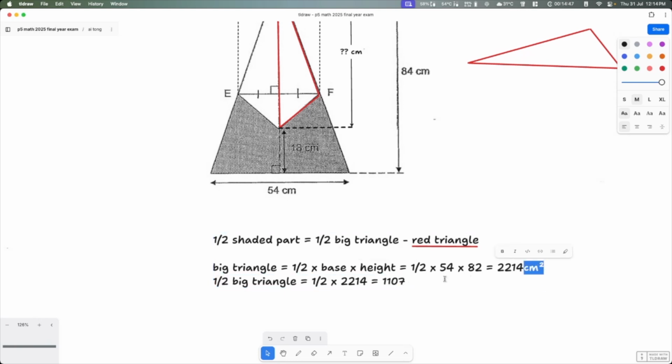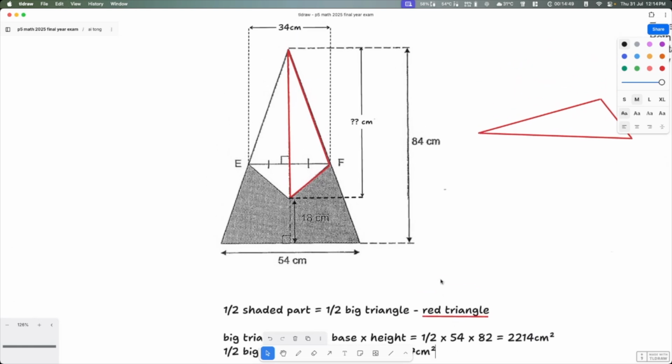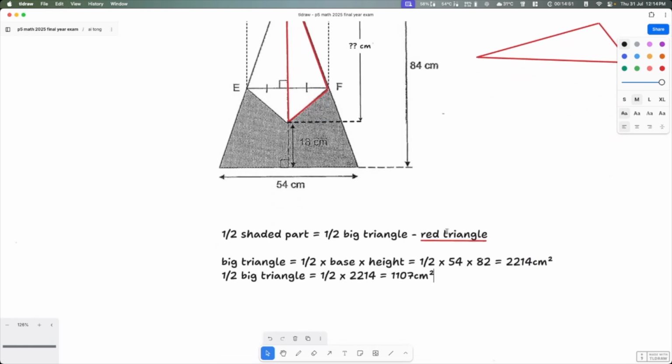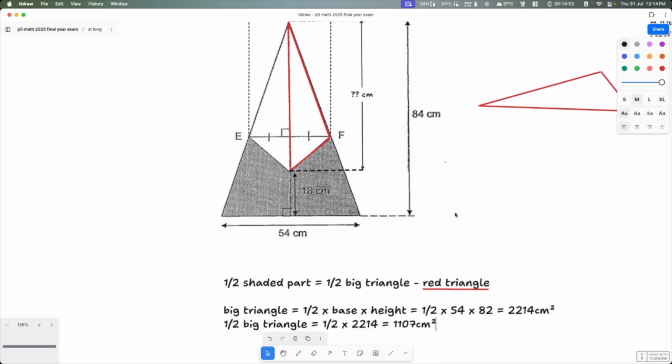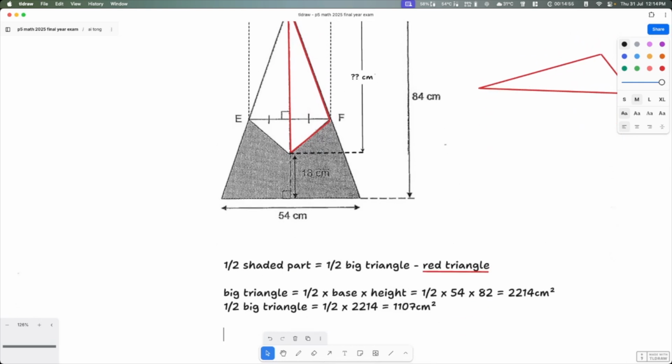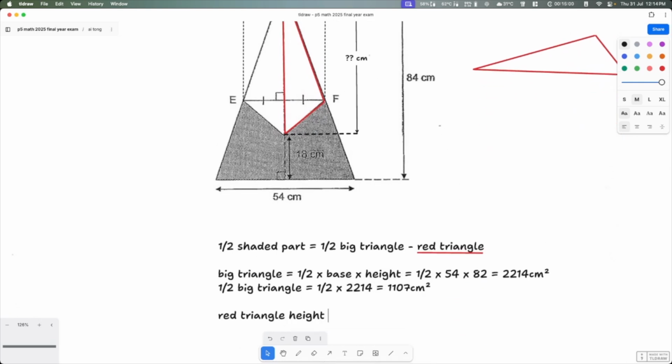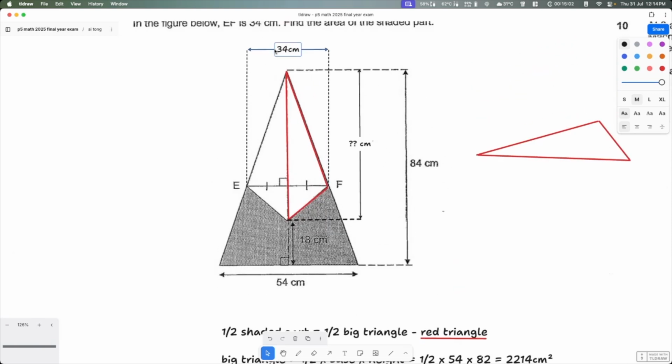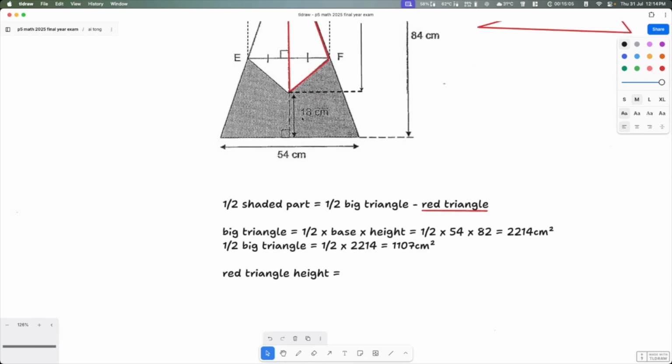So this is half the big triangle. The next thing we want to get is the red triangle. The red triangle height is, as you can see, half of 34 centimeters, or 34 divided by 2. This will give 17 centimeters.